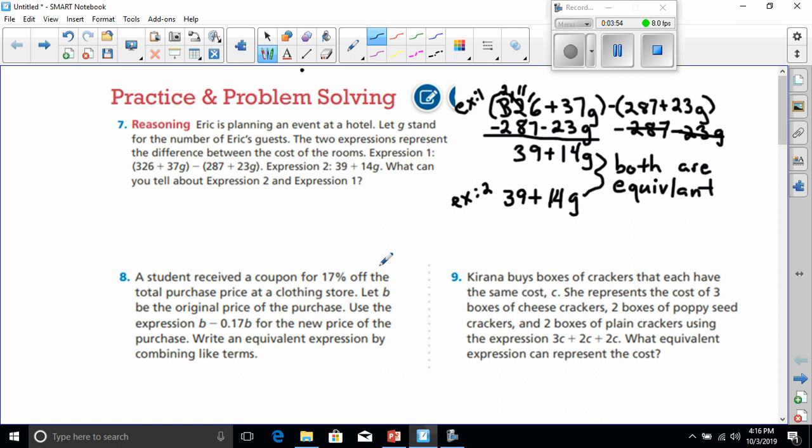Oh, I'm sorry, I misspelled equivalent, didn't I? Equivalent. Sorry.